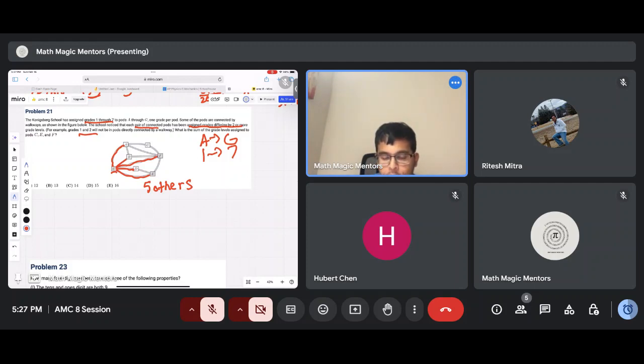So what does that mean? Let's count the number of connections that each pod has. E has one connection here, one here, and one here. So E just has three connections. And then F, let's count F. F has one, two, three, four.